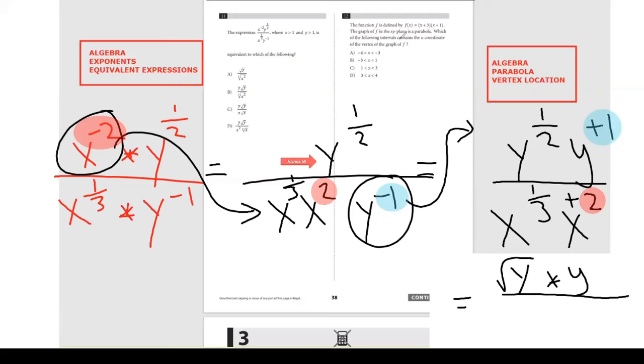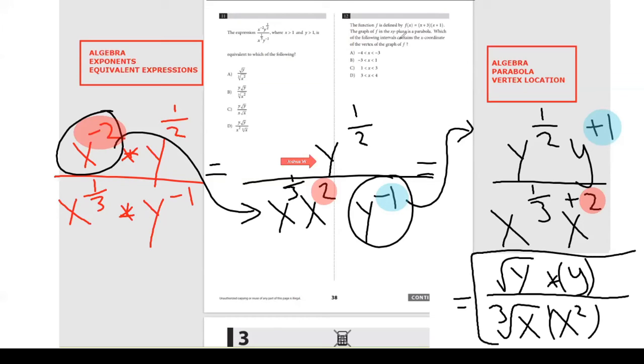And what's the denominator? X squared stays the same, and x to the 1/3 equals the cube root of x. Okay. So we have the cube root of x, and that's x squared.